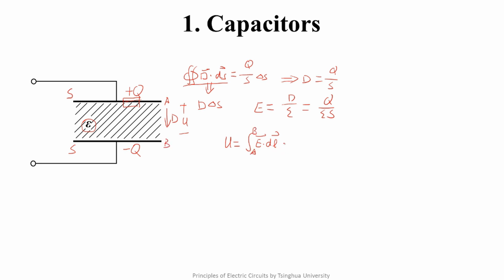In the case of a homogeneous field, U is equal to E times d, where d is the distance between the plates. So we get the voltage U.